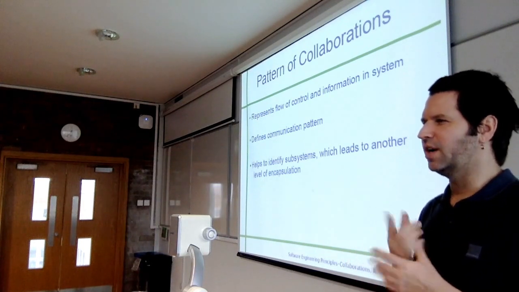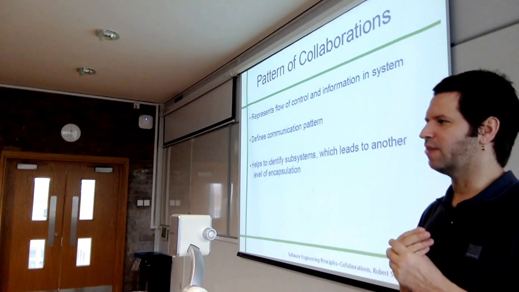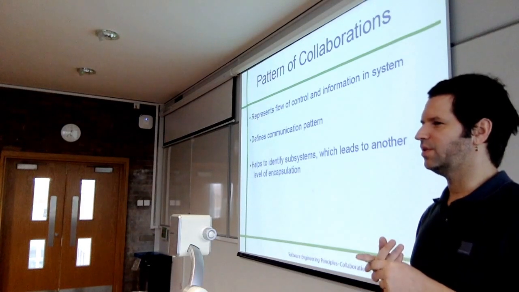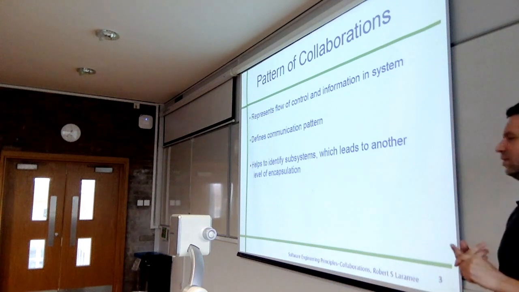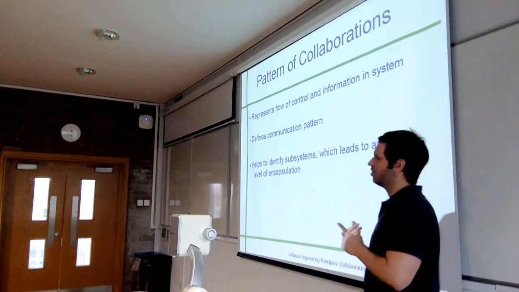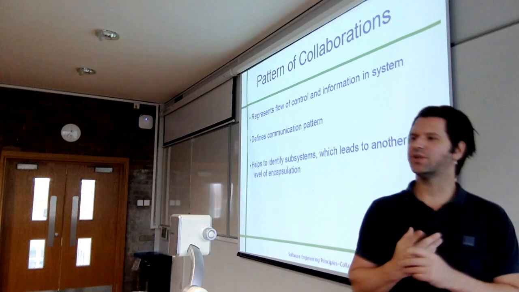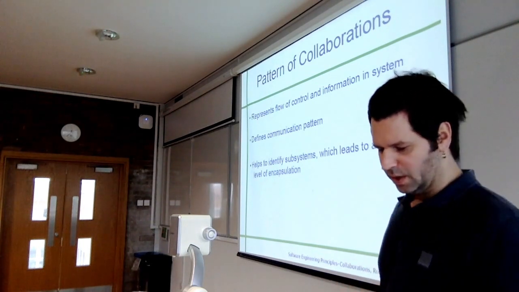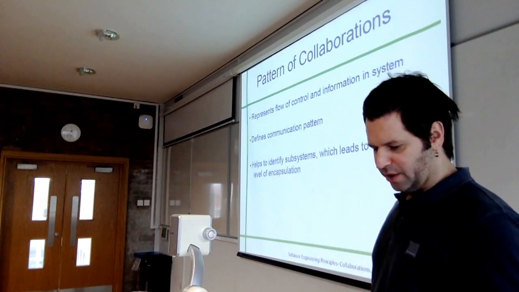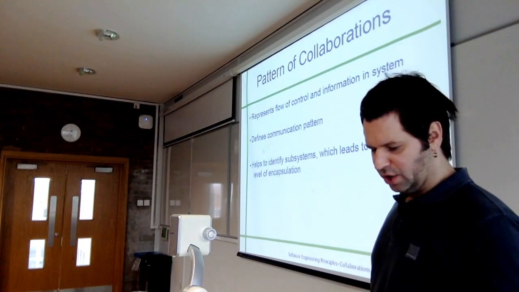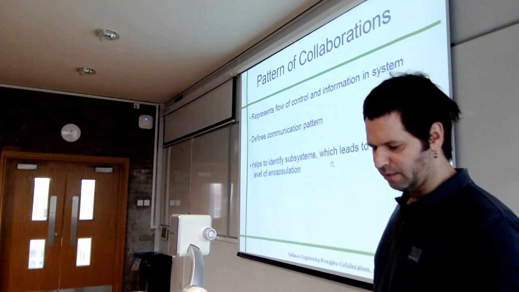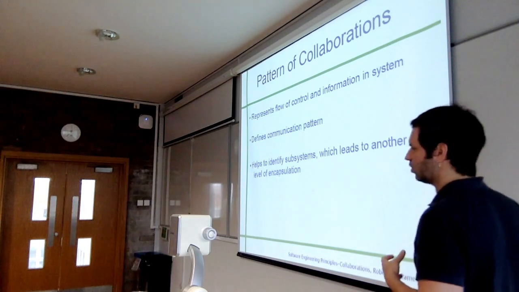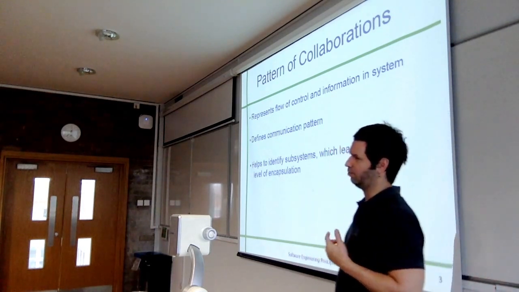This is the difficult part of object-oriented design, by the way, and the difficult part of object-oriented software. This is what makes it difficult, trying to understand the flow of information inside an object-oriented design system. So patterns of collaborations define the communication patterns, and they help to identify subsystems, which leads to another level of encapsulation. So we have a special lecture just on subsystems.